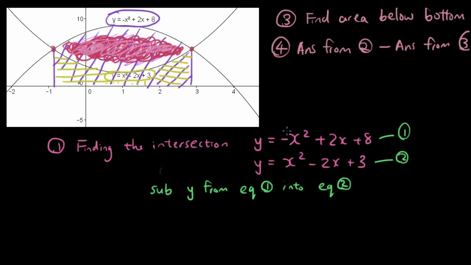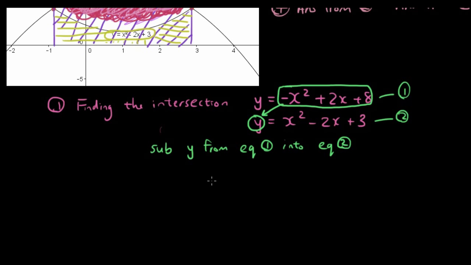So here is the expression for y from the first equation, and we're going to substitute this into the y variable in the second equation. That's because if the y from the first equation is equal to the y from the second equation, then you can just substitute in y from the first one into the second one.